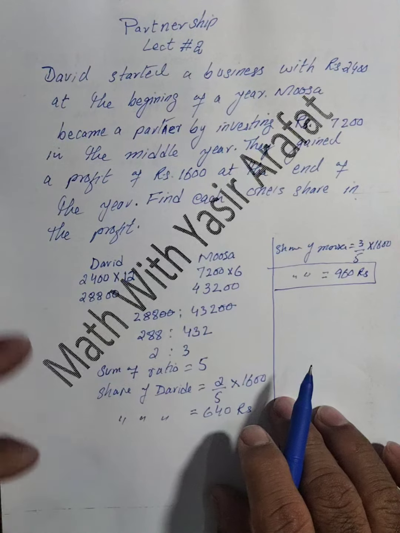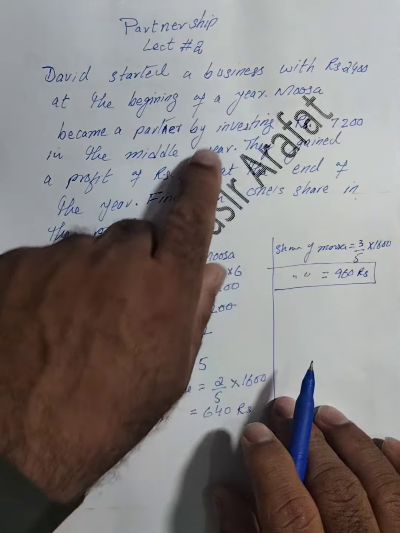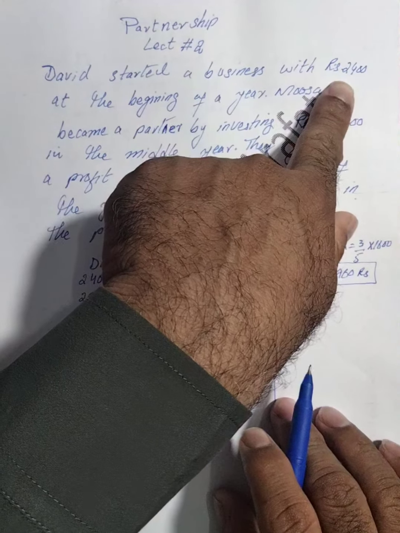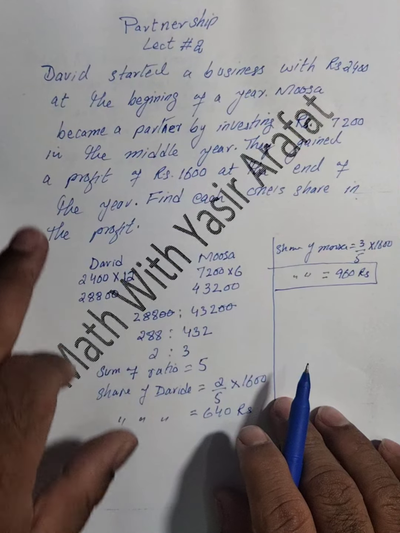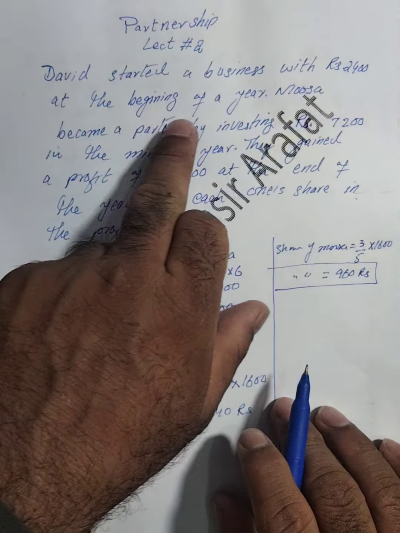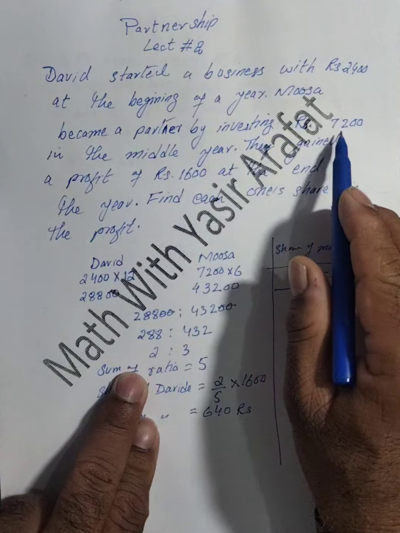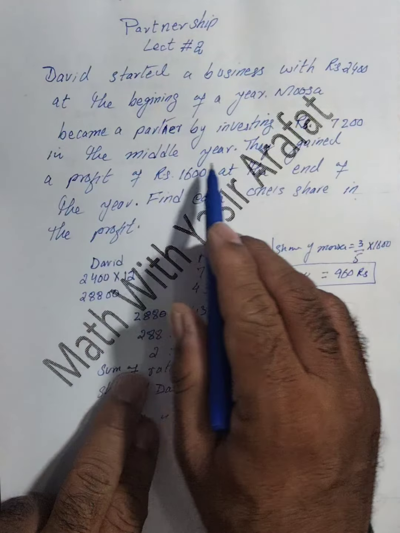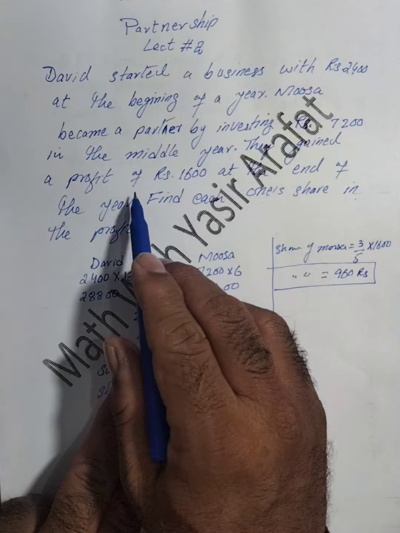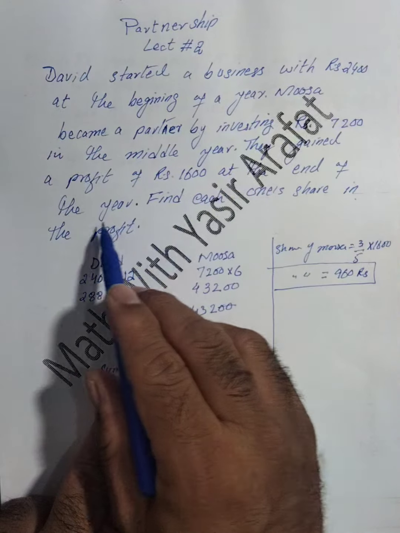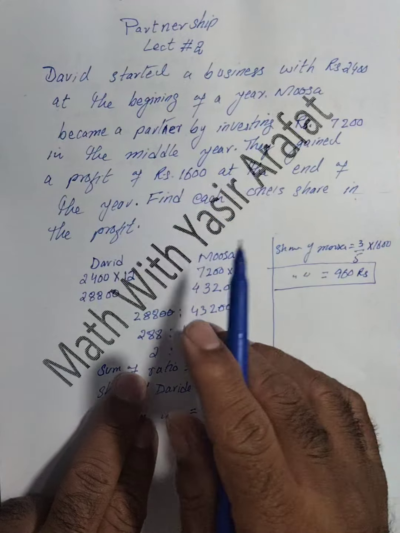So here David started a business with rupees 2,400 at the beginning of a year, and Musa became a partner by investing rupees 7,200 in the middle of the year, and they gained a profit of 1,600 at the end of the year. Find each one's share in the profit.